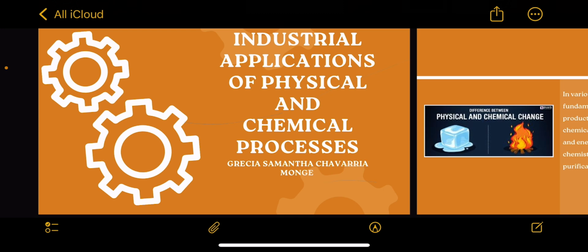By utilizing principles of physics and chemistry, industries achieve efficient conversion, separation, purification, and enhancement of materials.